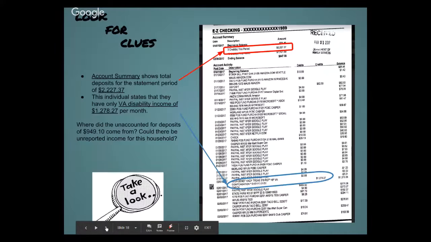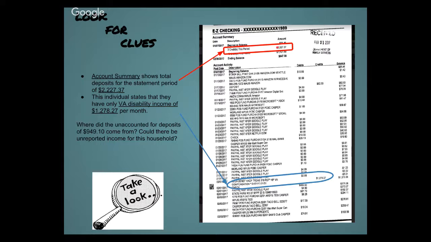Here's another one with bank statements where we need to be looking for clues and paying attention to details. This one, we have the account summary, which shows total deposits for the statement period of $2,227.37 here. However, the individual states that they only have VA disability income of $1,278.27.